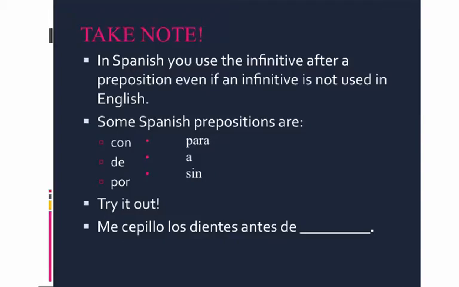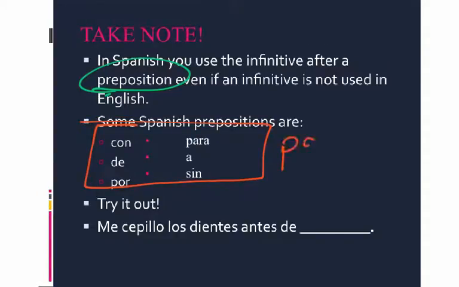All right, so this is just a regular thing for you to know anyway, but this is a good time to mention it. When you have a preposition, and there are a lot of prepositions, but these are some really popular ones that you're going to see most often, it's always going to be followed by an infinitive. So like, voy a la tienda para comprar.